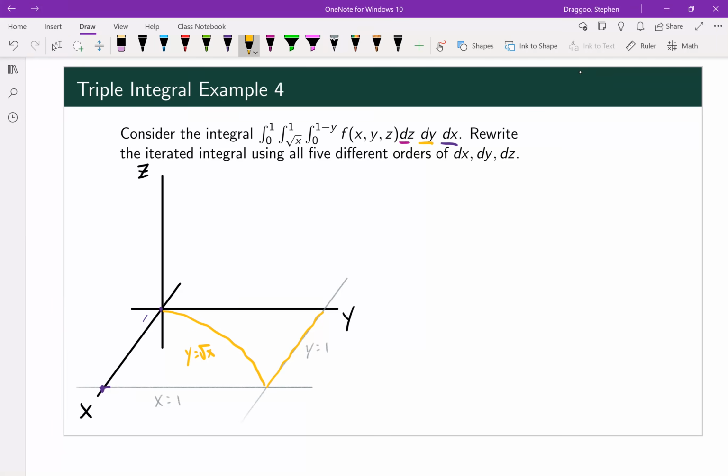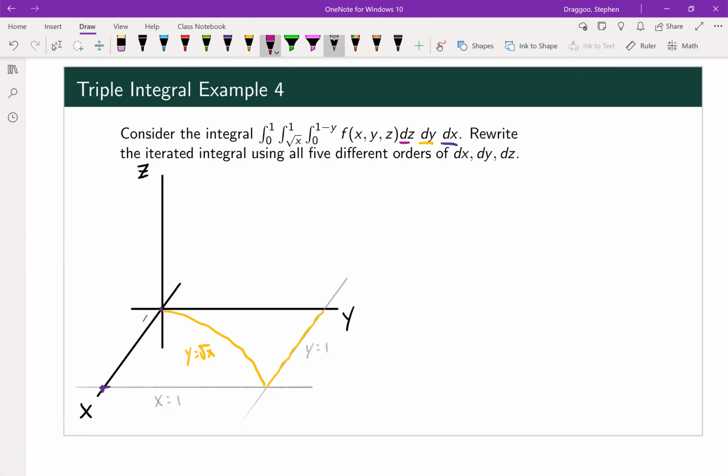Next, we'll want to take a look at what's going on in terms of z. So z is bounded on the bottom by the plane z equals 0, and its upper bound should be the plane z equals 1 minus y. I'm just going to sketch in the part that's in the yz plane.